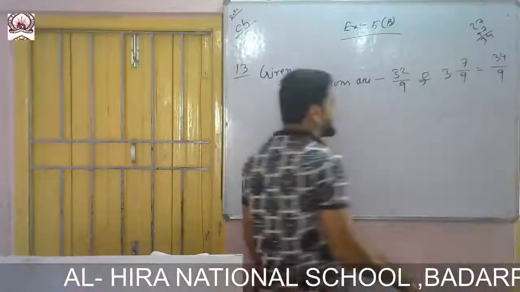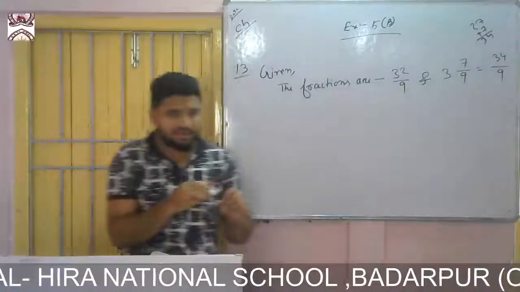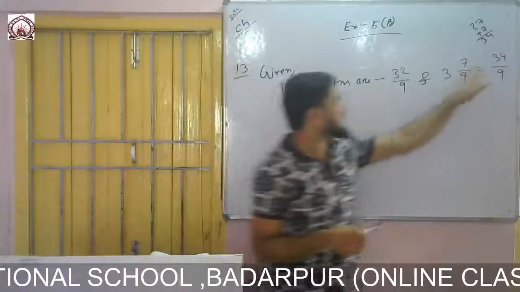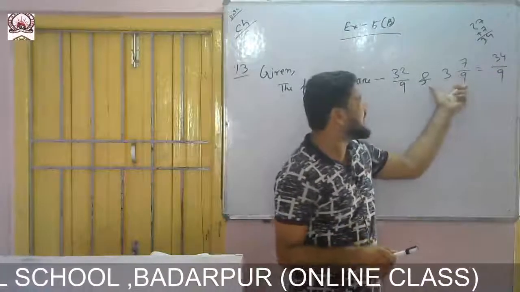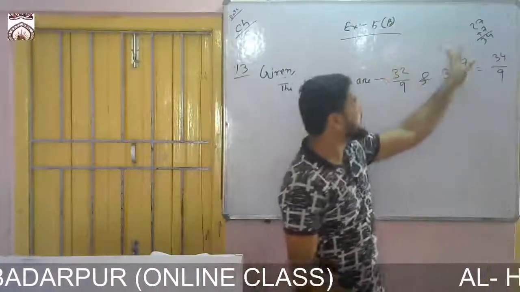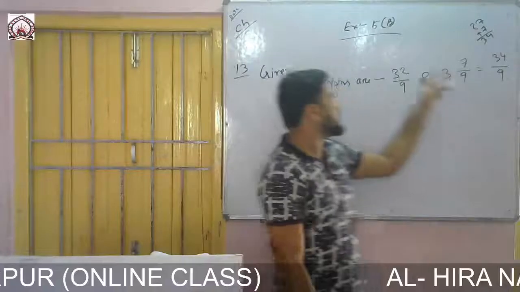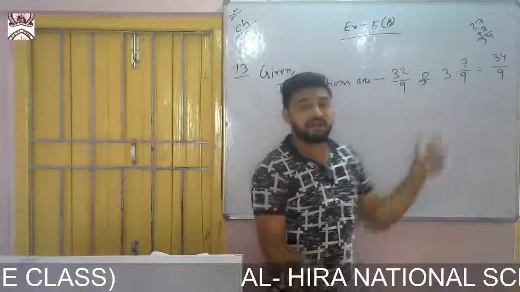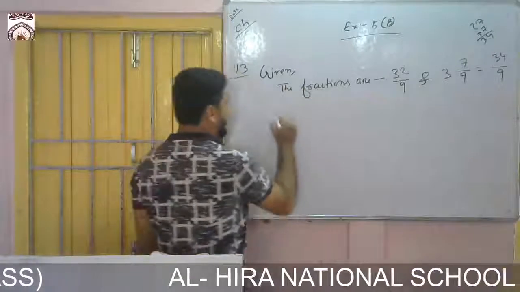So one thing you can clearly understand from the two fractions is 32 by 9 and 34 by 9. In between them 33 is there, because 32, then 33, then 34 come. So the fraction will be 33 by 9.